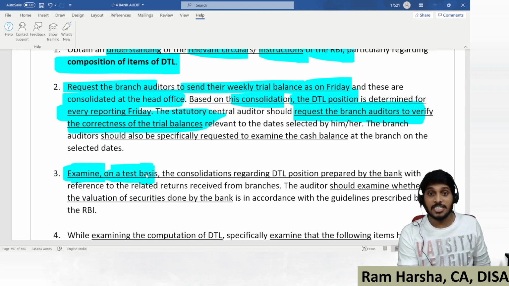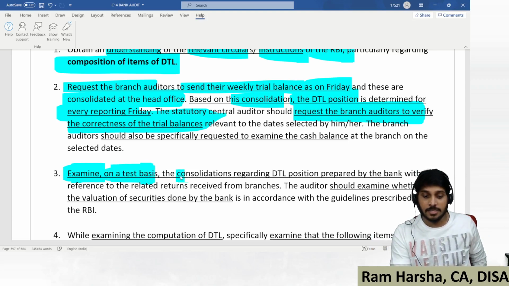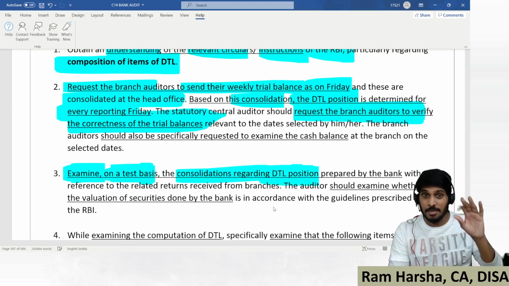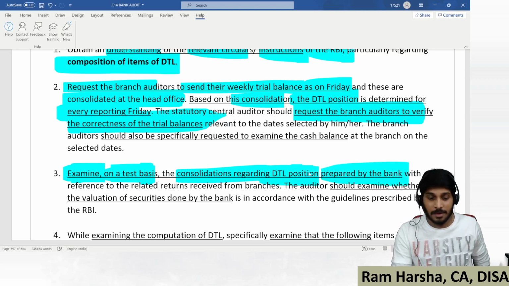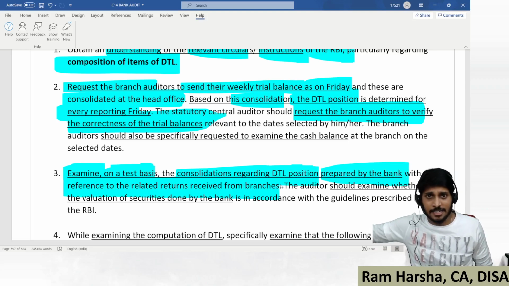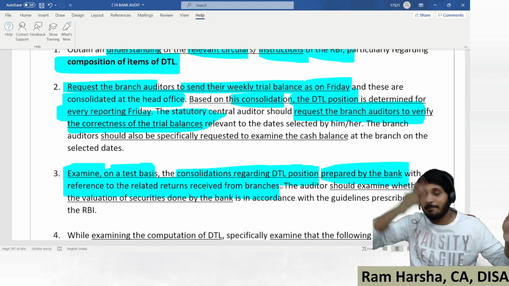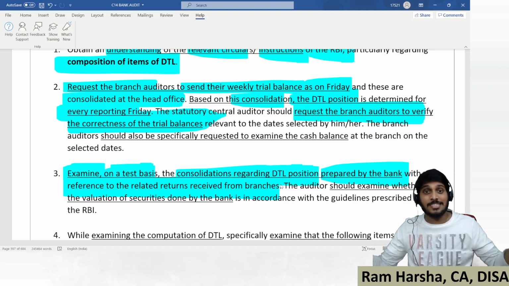On a test basis, you calculate the consolidated DTL for 52 Fridays. The consolidated demand and time liability position prepared by the bank with reference to related returns received was already calculated by the bank. Now the auditor calculated it too. Compare. The auditor's working shall be compared with the bank's working, reconciliation.